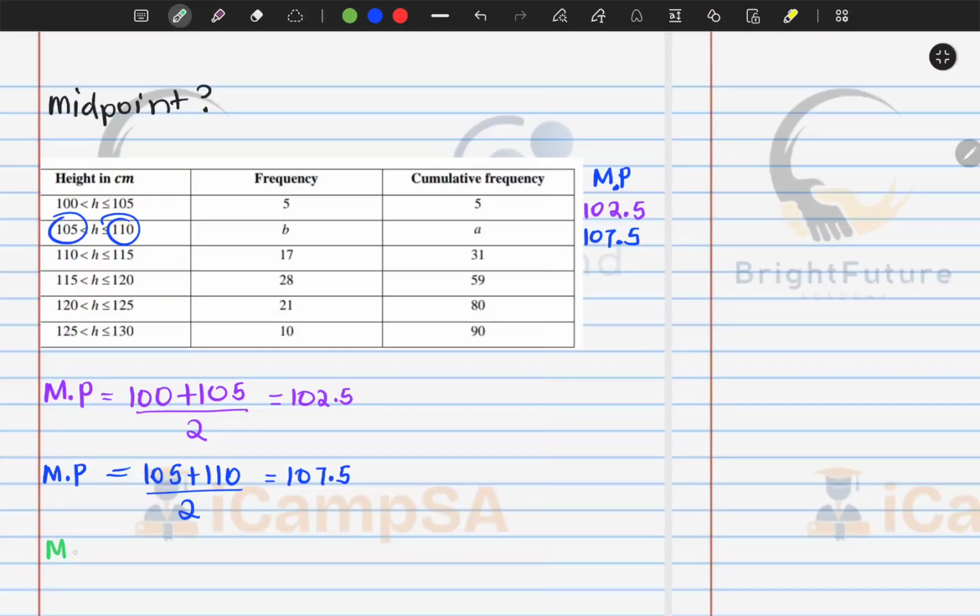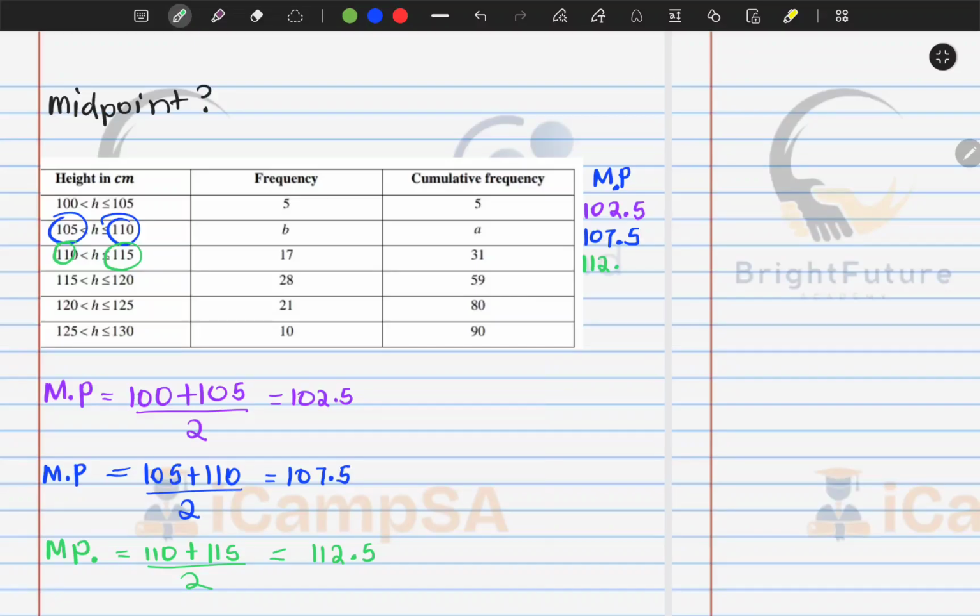Let's go down to the next one. We're still looking at our midpoint. We are going to add this one and this one, then divide by 2. So it's going to be 110 plus 115, all divided by 2. If you observe carefully, you end up getting 112.5.